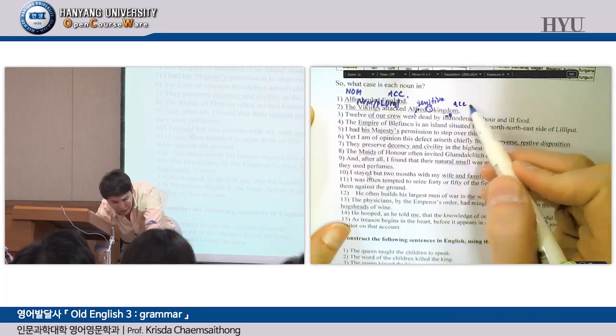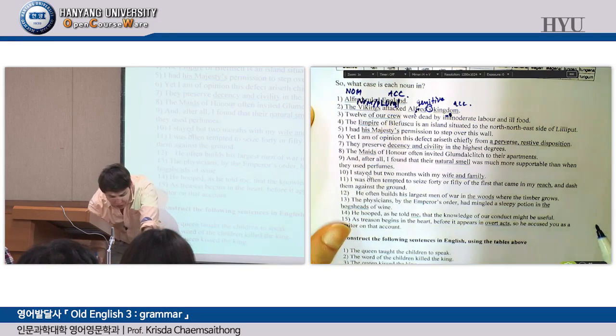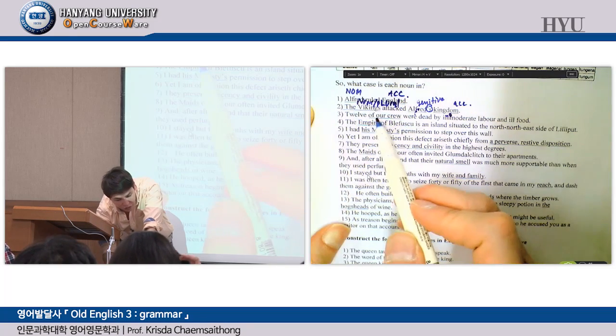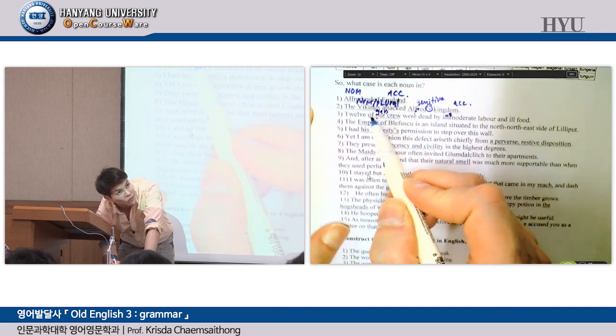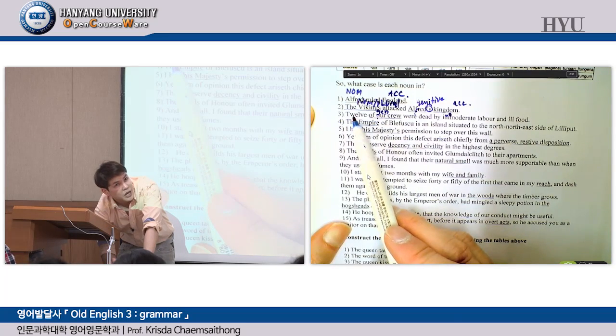So accusative, like that. Number 3, twelve of our crew were dead by the immoderate labor and ill food. Of our crew is genitive. You see the word of, partitive case. Now twelve is not genitive.